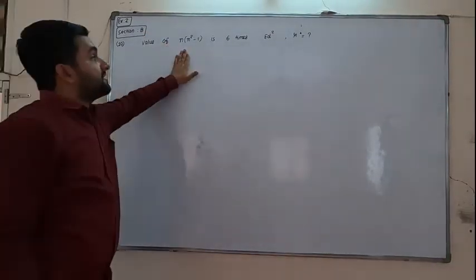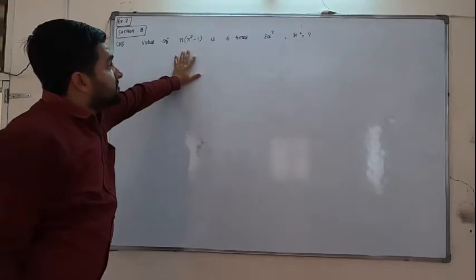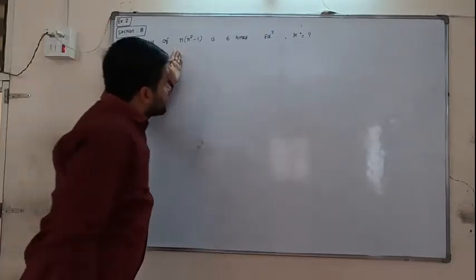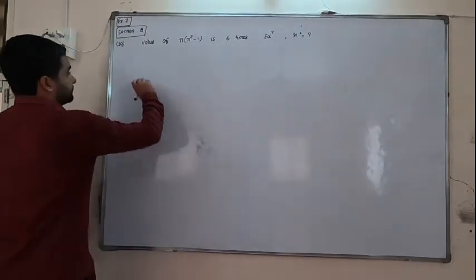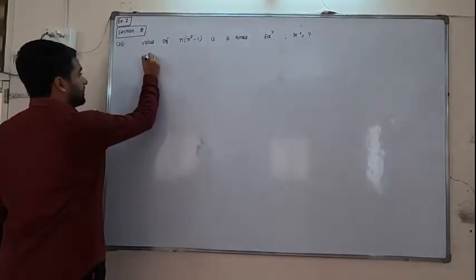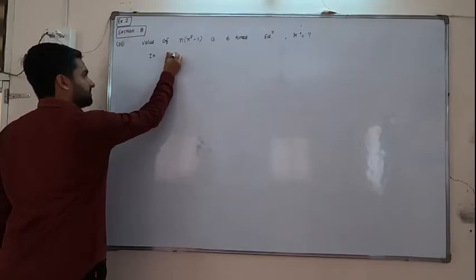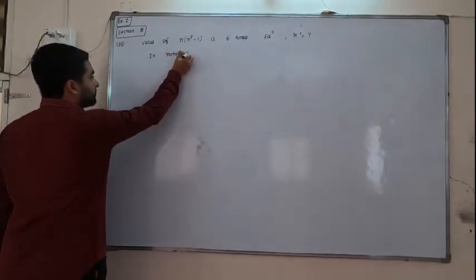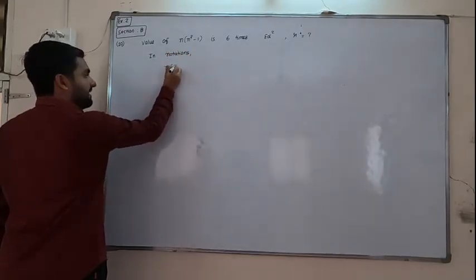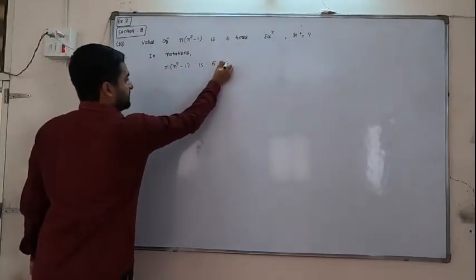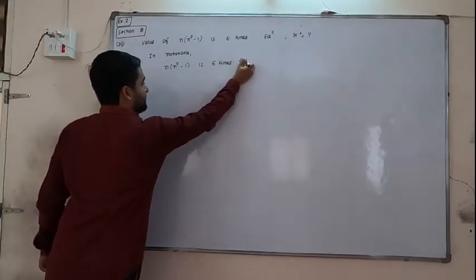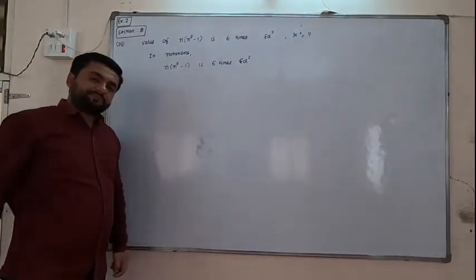That the value of this term n square minus 1 is 6 times sigma d square. So, in notation, n square minus 1 is 6 times sigma d square.